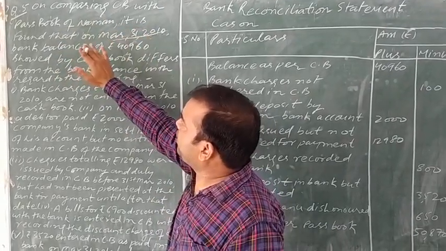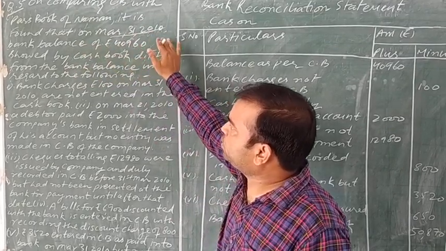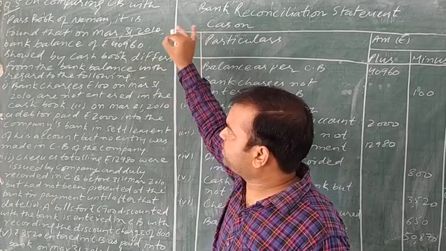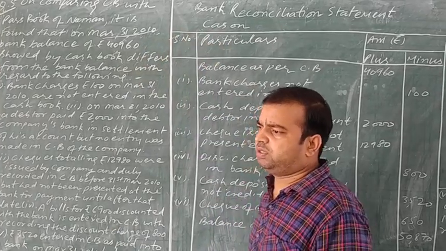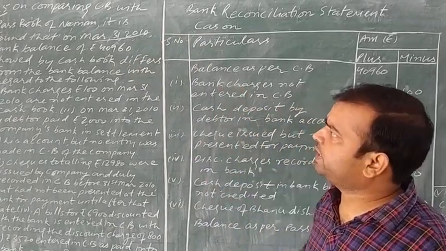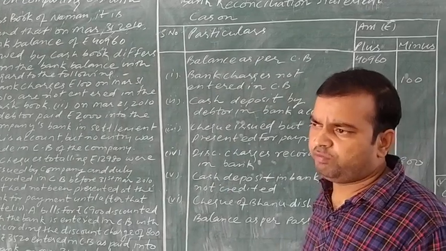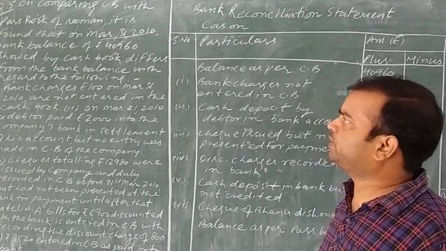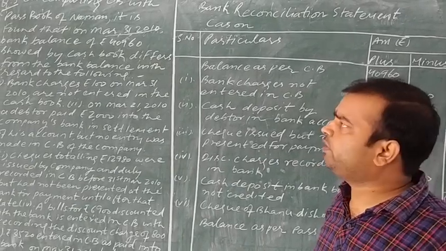It is found that on March 31st, 2010, keep in mind this date, any transaction which occurs till this date will be a valid transaction, and after this date, the transaction will be invalid.